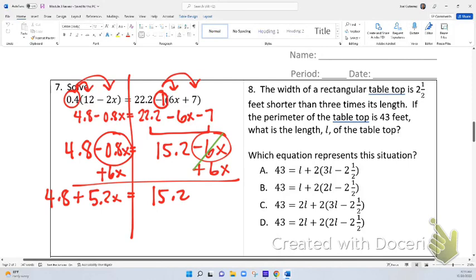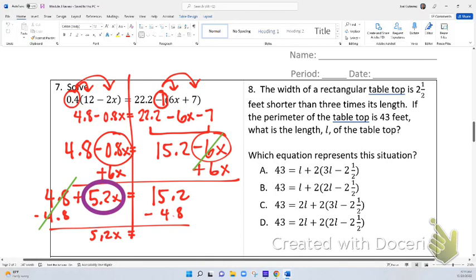5.2x. And then we're trying to get the x by itself, which means that we need to get rid of the 4.8, so subtract 4.8 from both sides. These go away, bring down the 5.2x, and then we have 15.2 minus 4.8, and this is where I see a lot of people start screwing up because they don't use a calculator.